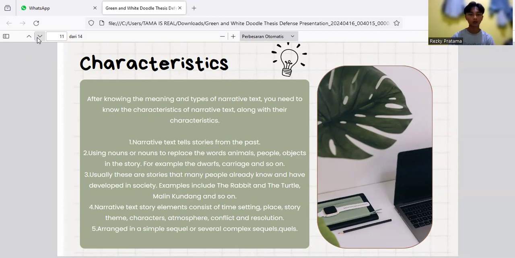For example, the dwarf's carriage and so on. Number three, usually these are stories that many people already know and that have developed in society. Number four, narrative text story elements consist of time setting, place, character, atmosphere, conflict, and resolution, of course with plot too. And number five, arranged in a simple sequence or several complex sequences.